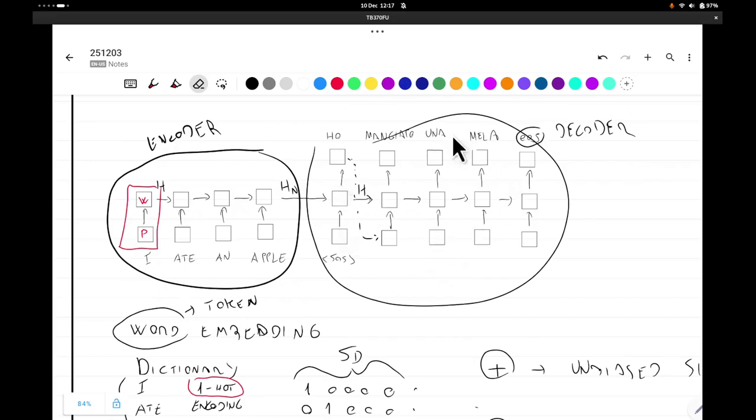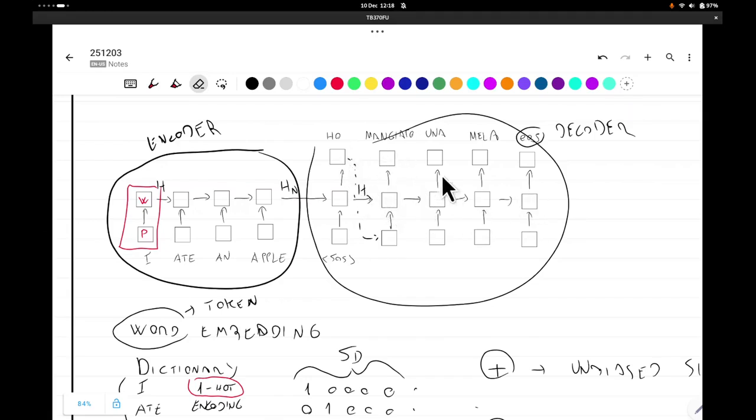But the way such a network would work, you give this representation of the input sequence, and then it goes to the first part, and then there is a new state that depends on this embedded encoding, but also on the outputs during the decoding.